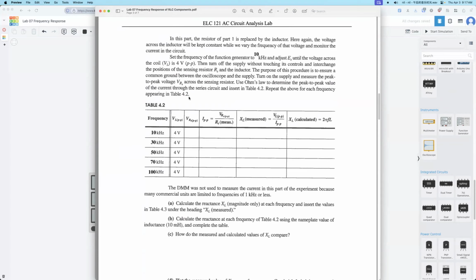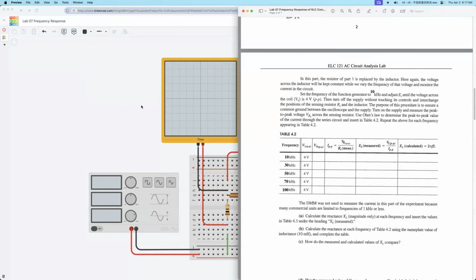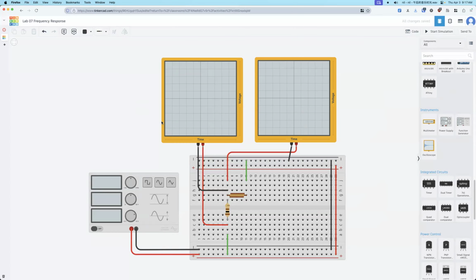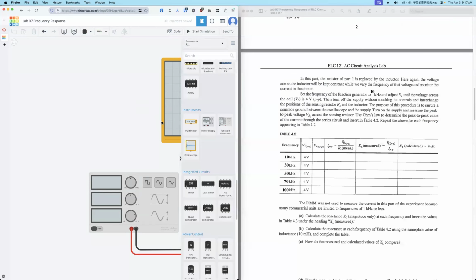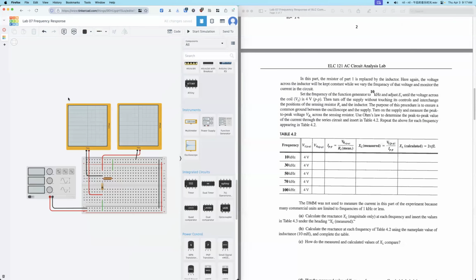Okay, at the beginning this is 10 kilohertz, so I need one more zero. Then start from maybe 3 first.